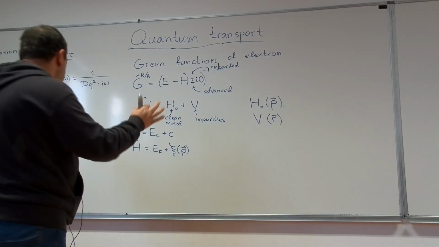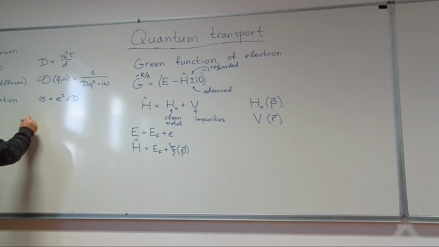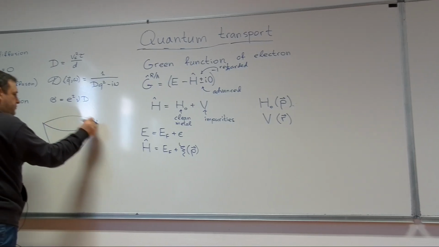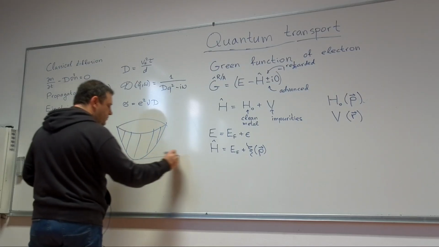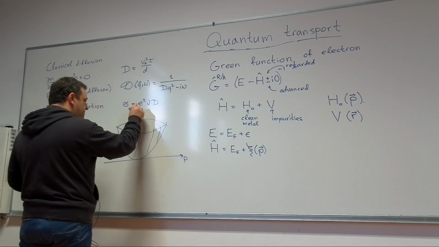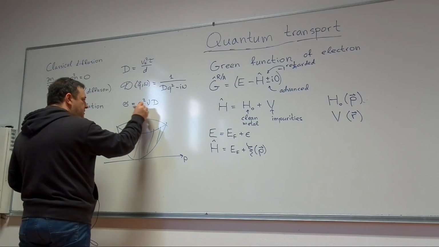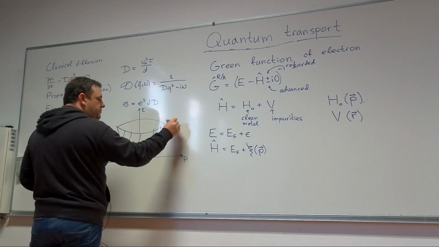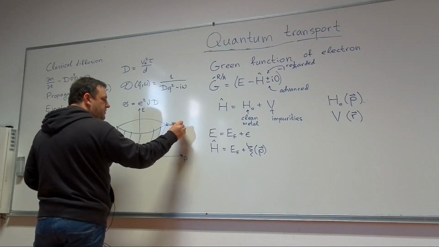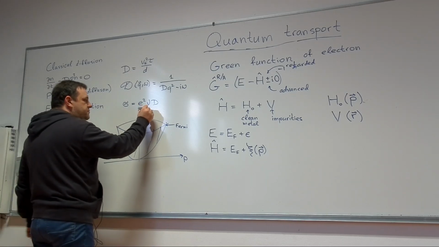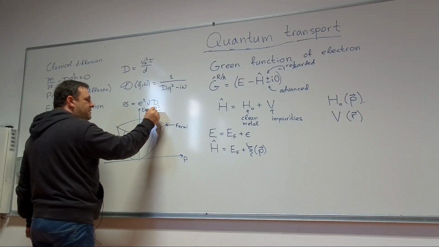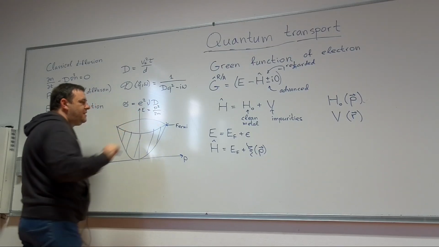In a simple case, when we have this parabolic spectrum, as we discussed last time, so this is momentum here and energy here. This is the Fermi level. And energy is p squared over 2m, or whatever.